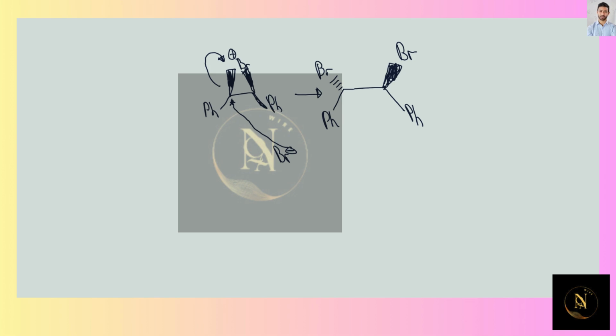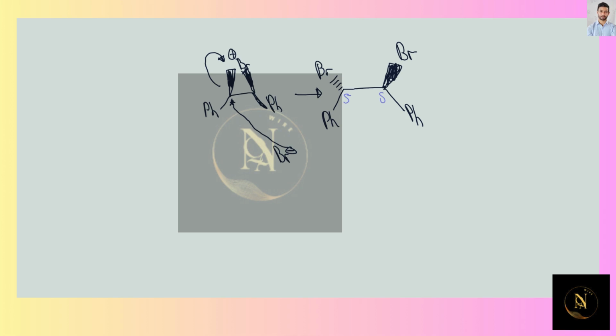In this case, the correct configuration would be the priorities 1, 2, and 3 as follows. This corresponds to an R, but since the bromine is looking into the back, this would be an S configuration. On the other hand, the priority is going to be 1, 2, and 3, so over here directly, we're going to have the configuration as follows.